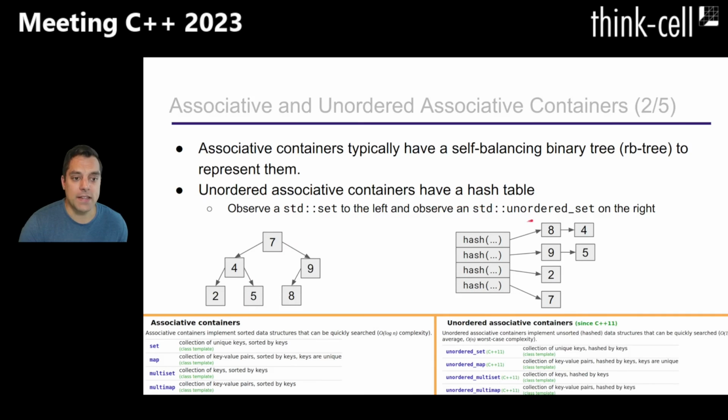Now on the right side, in the unordered set, I've got a hash table. So the way that this fundamentally works is you have a table here, and you have what's known as a hash function that'll tell you where to look next. If I feed in this value 5, for instance, I might pass it into a hash function that tells me which bucket or region to look in.